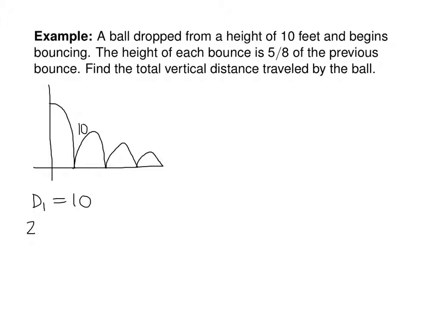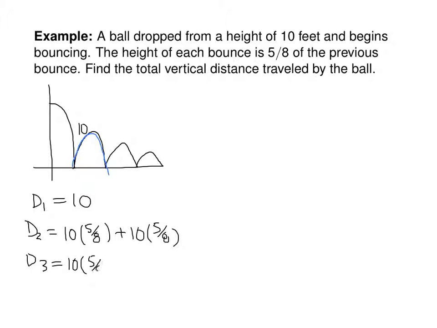The distance on bounce 2, which I'm going to call d2, is equal to 10 times 5/8 plus 10 times 5/8. So that's this up and this down. D3 will equal 5/8 of the previous bounce, so 10 times 5/8 times 5/8 again, so that's 5/8 squared, plus 10 times 5/8 squared.